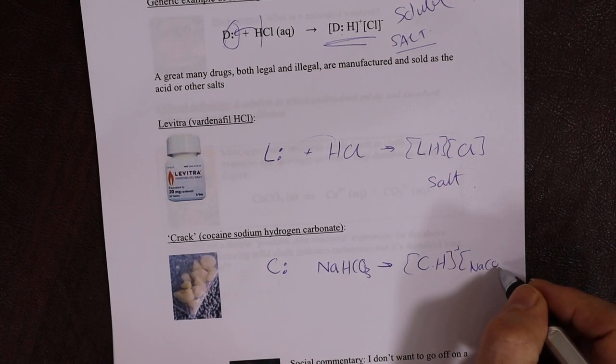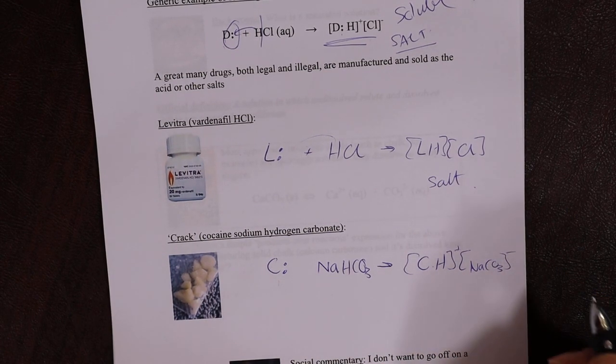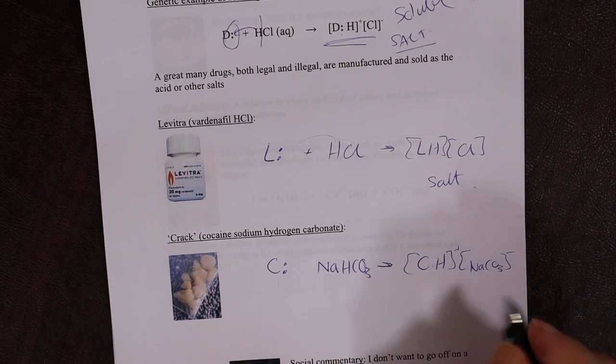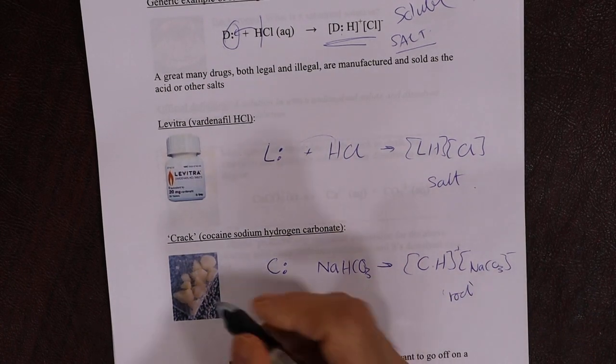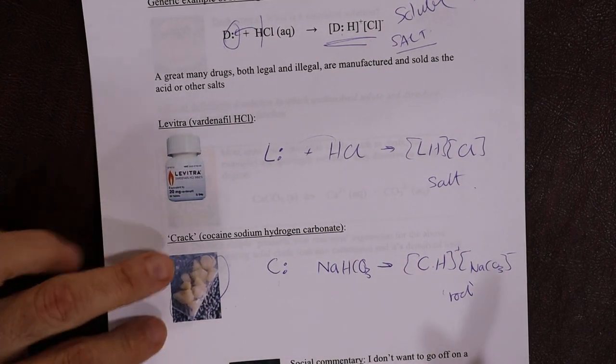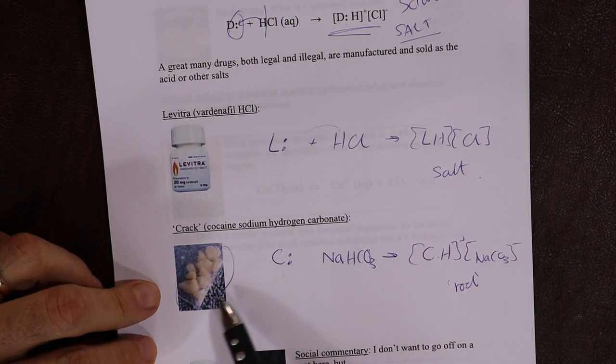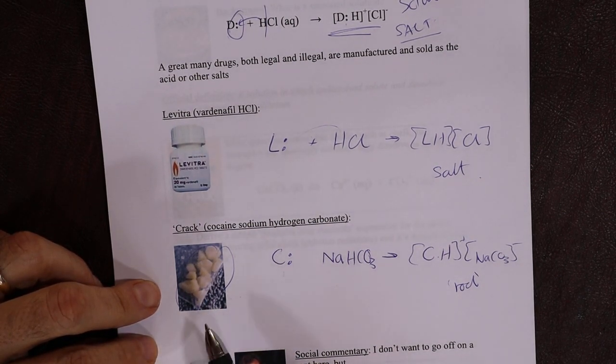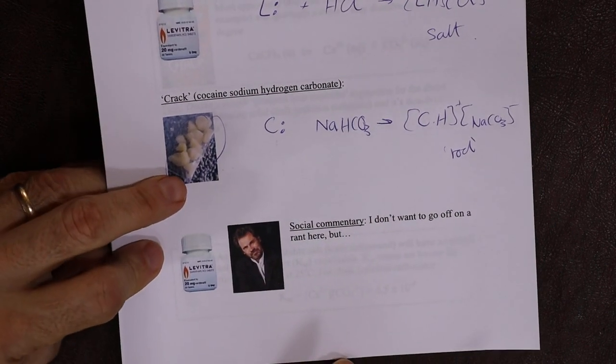It might be the other way around, but there it is. It's a minus sign. Okay, so that's called a rock. It's a crystalline material that's soluble in water. So people that smoke crack, they're basically vaporizing it, and then when it gets into your lungs, it dissolves through the lining of your lungs.